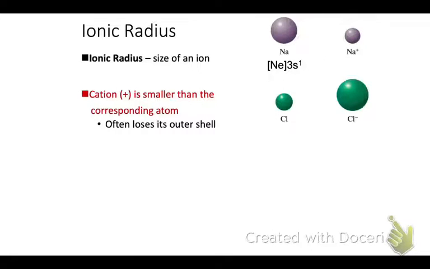So the cation is smaller than the neutral atom because it often loses its outer shell.